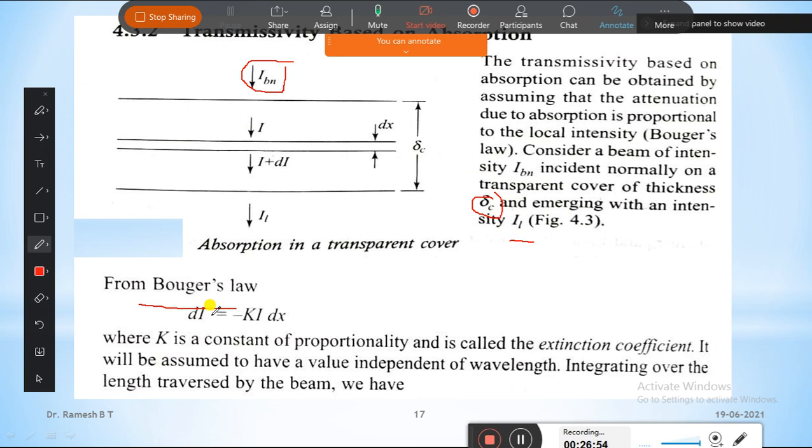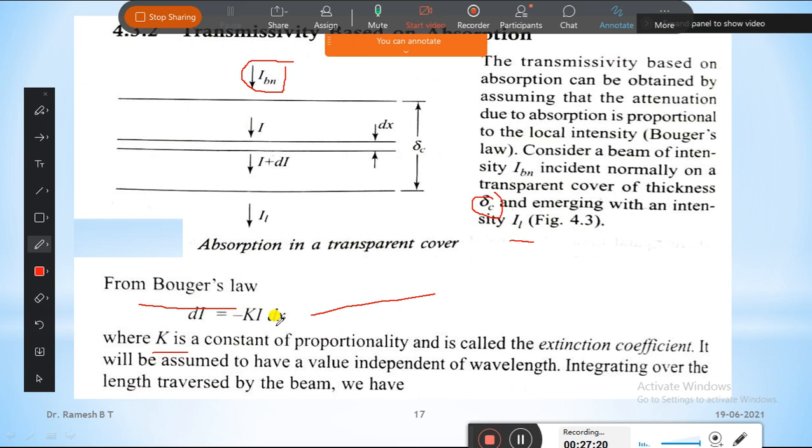You have to remember this equation: dI equals minus k I dx, for a small thickness with a small radiation entering.